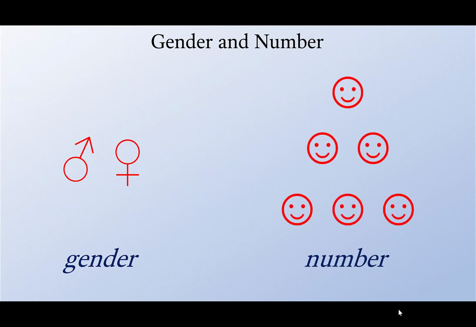But now, just to show you on the screen, I have these signs showing a singular smiley face to designate singular number, so one of a thing, two faces to designate dual, where it's a special form of a noun to designate two of a noun. And then I have three smiley faces to designate plural.